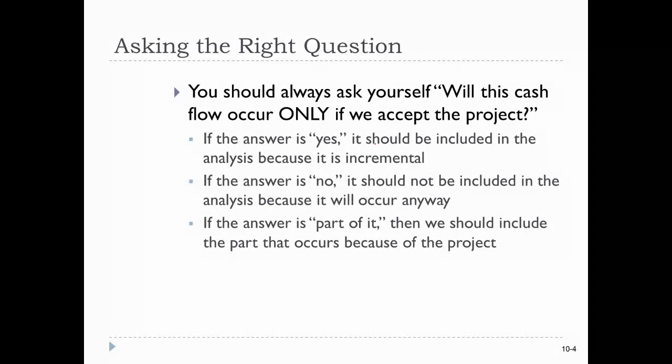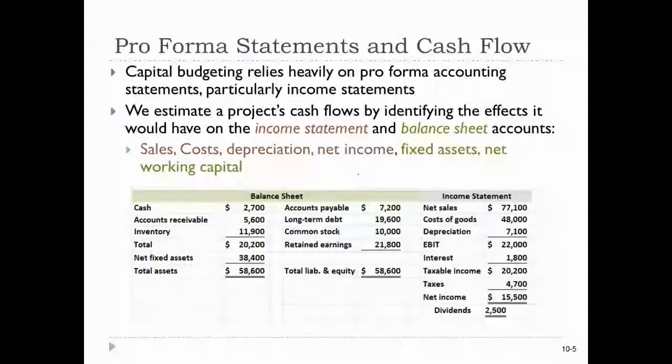If we don't decide to build the factory, then we won't collect the revenue. The answer to that is yes. If it happens only if we accept the project, then yes, it should be included in the analysis. It is an incremental cash flow. Otherwise, the answer is no, it's not included. We'll see some examples of cash flows that are not incremental as we go along.